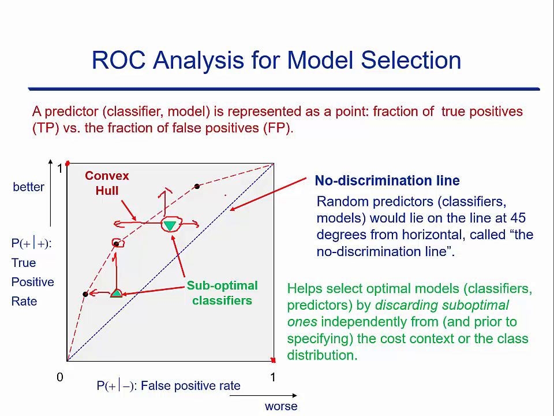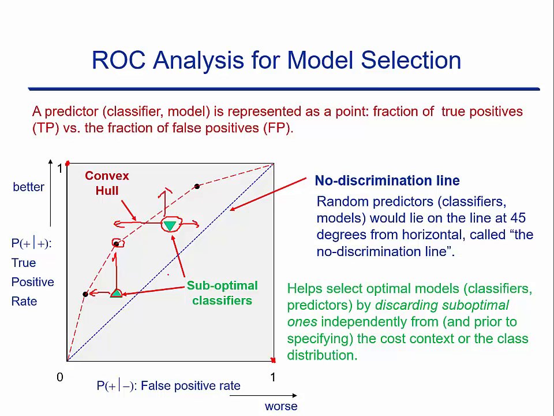Instead, we can only say that there cannot be any other classifier which is better than the classifiers on the convex hull in both performance metrics. So in this sense, if we have a classifier which is below the convex hull, then this classifier is suboptimal, and we should not choose it for our end task.